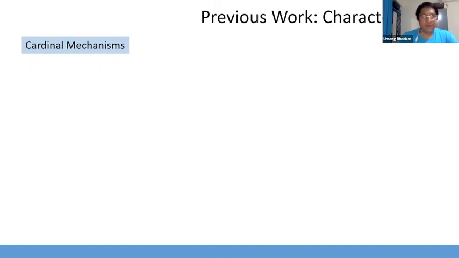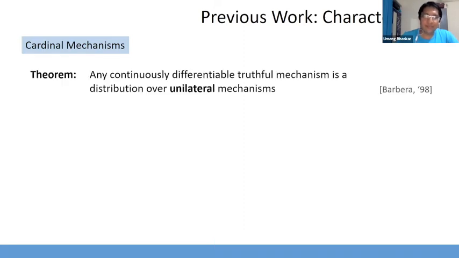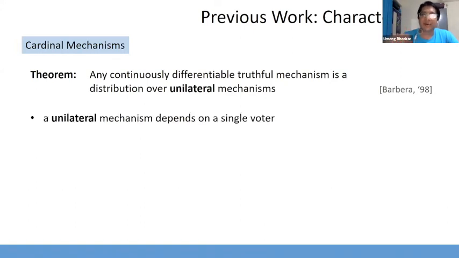This is not true of cardinal mechanisms. Before our work, as far as I know, there's not a lot known about the distortion of cardinal mechanisms. For characterization, we knew of some very interesting special cases. We knew, for example, that if the mechanism is continuously differentiable, then it has to be a distribution over unilateral mechanisms. A unilateral mechanism is one which basically just depends upon a single voter.